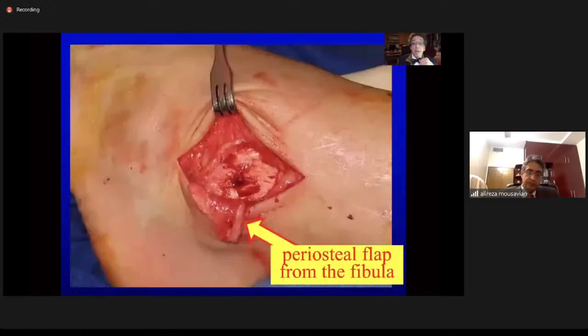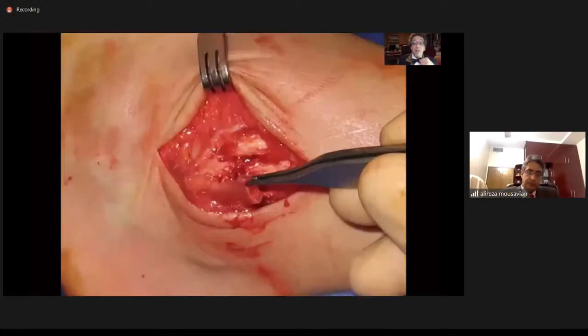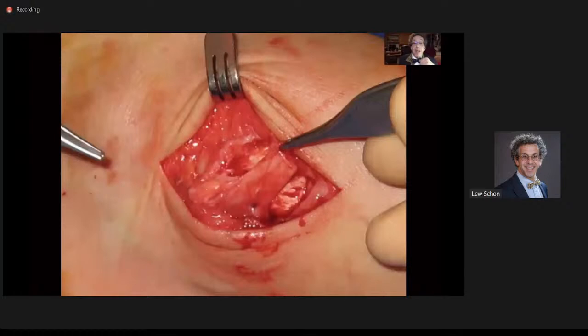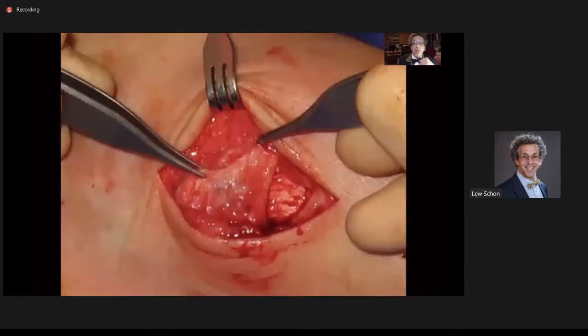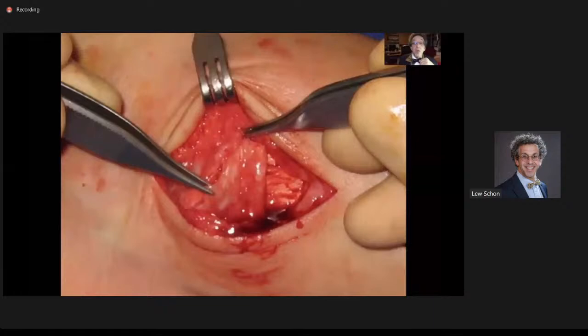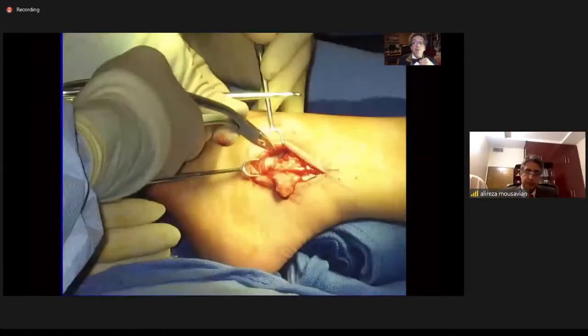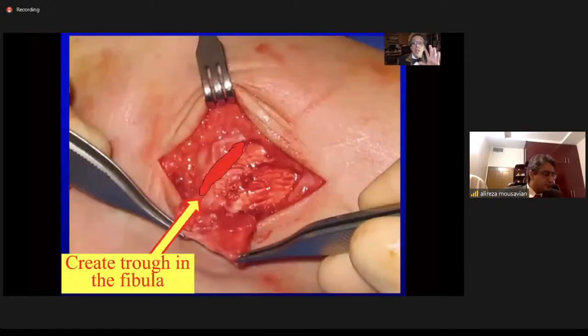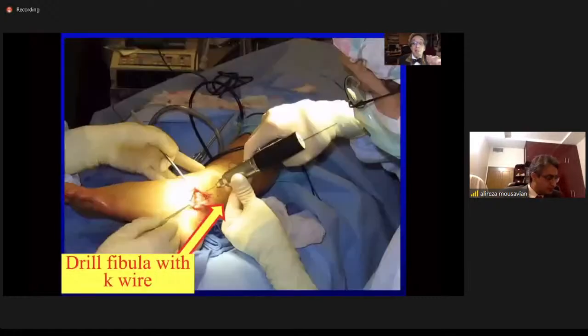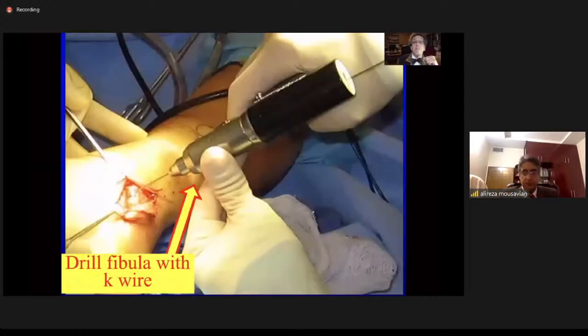And then I have this piece of tissue, and I bring that tissue over my repair. So I'm going to repair the ligament to the bone, and then oversew this periosteum. This is my standard, and I think I have a very low incidence, maybe less than 5%, of coming back in to do a Brostrom revision.